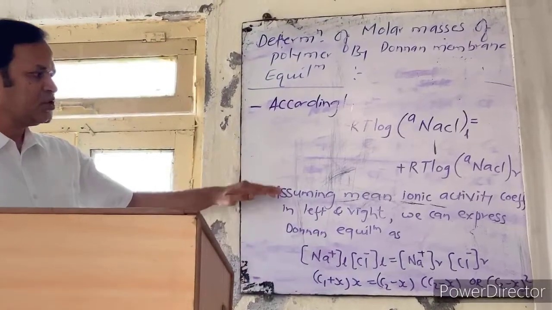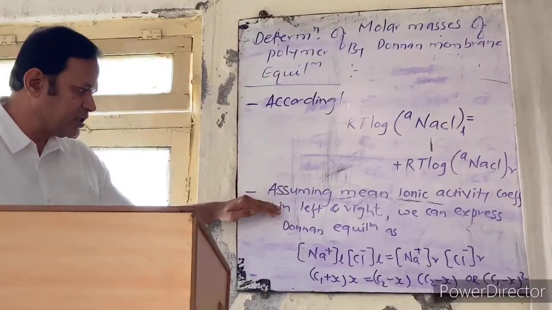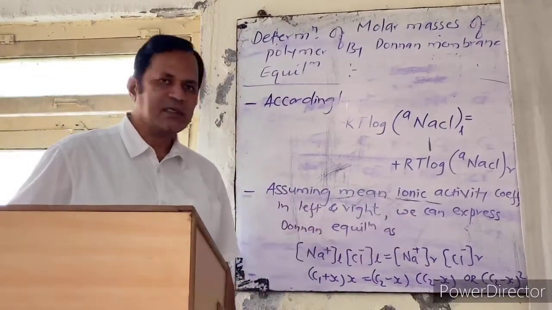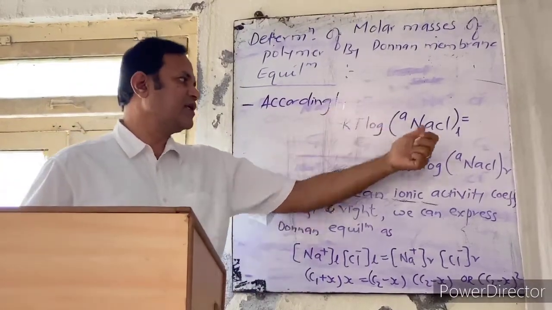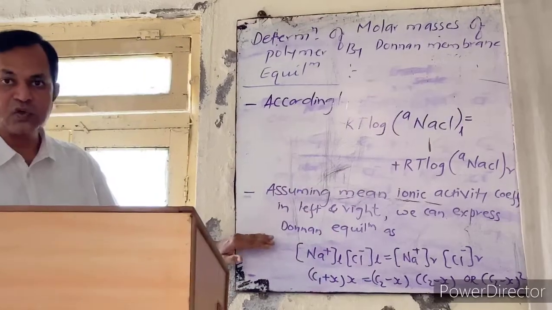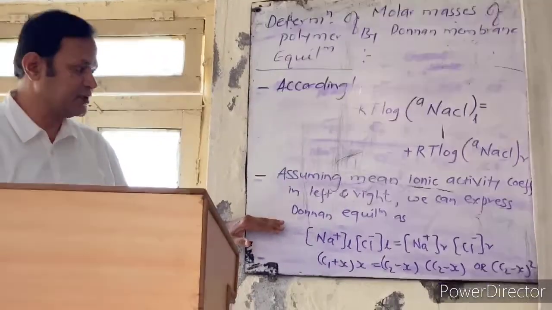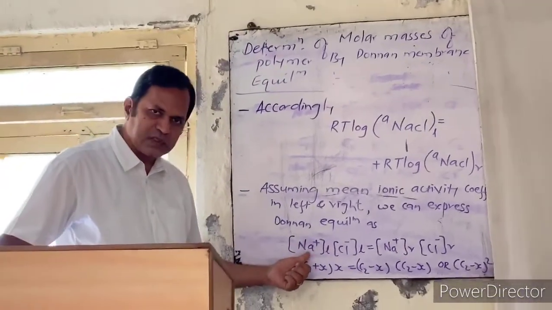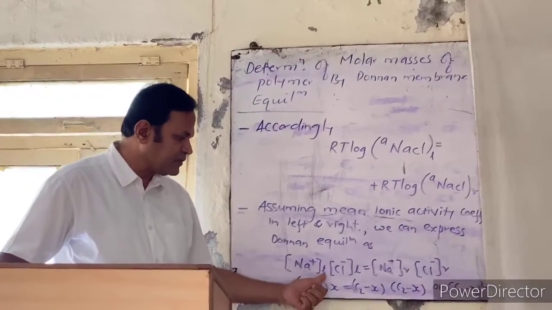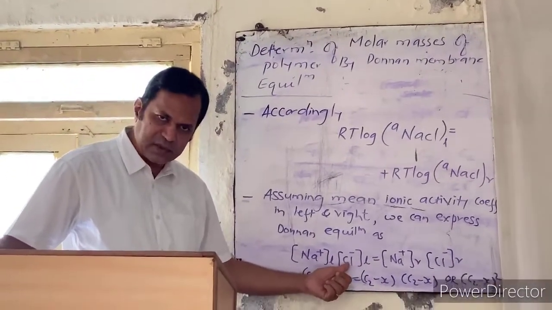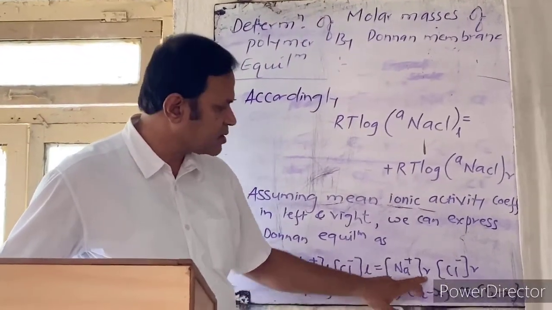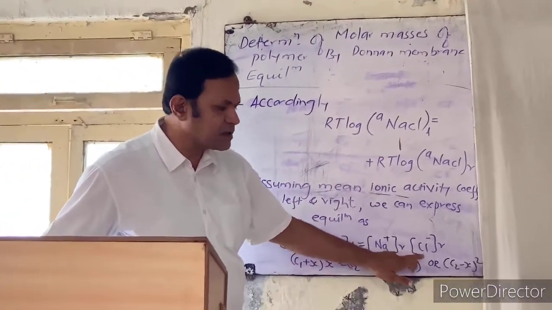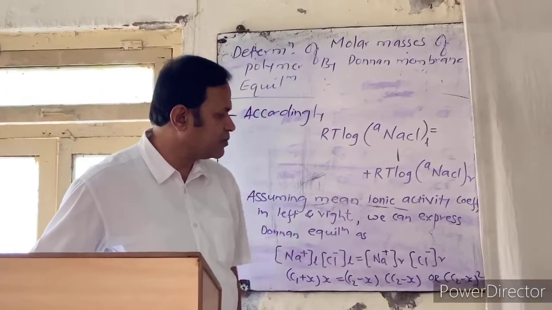Now assuming the mean activity coefficient is the same on the left and right, we can write the Donnan equilibrium in the form of an equation. The concentration of Na+ in the left compartment times the concentration of Cl- in the left compartment is equal to the concentration of Na+ in the right compartment times the concentration of Cl- in the right compartment.